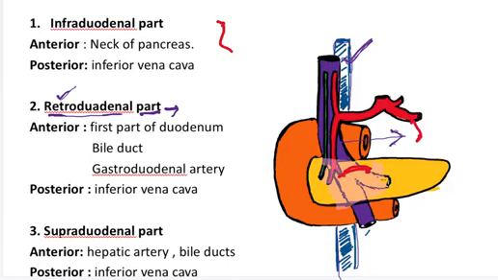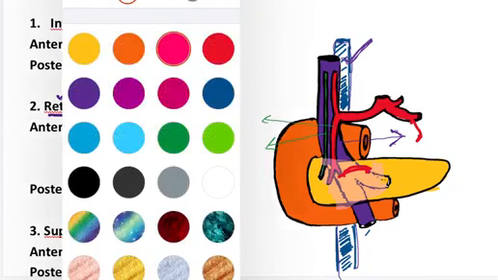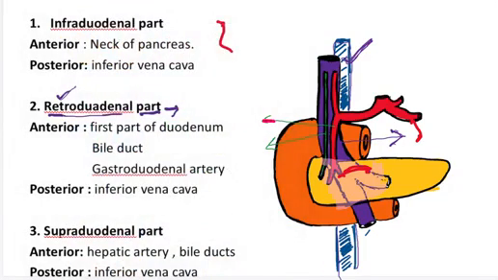Then what are the other structures that are present anterior to the retroduodenal part of the portal vein? There is the bile duct, which I have shown with the green color, and we have shown you an artery known as the gastroduodenal artery. So this is the gastroduodenal artery.